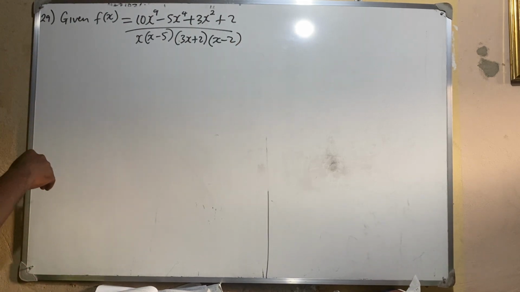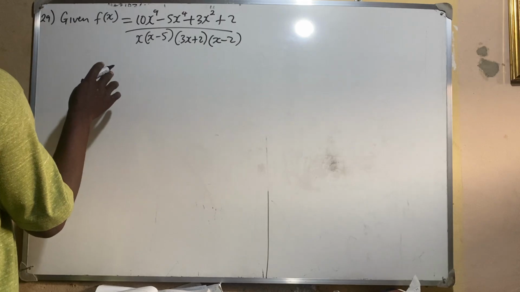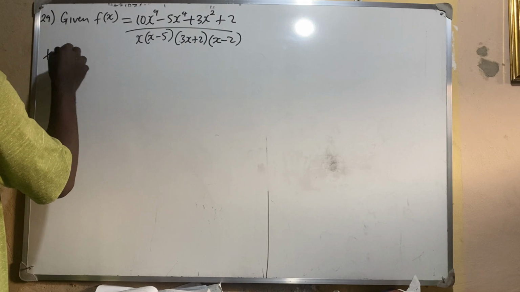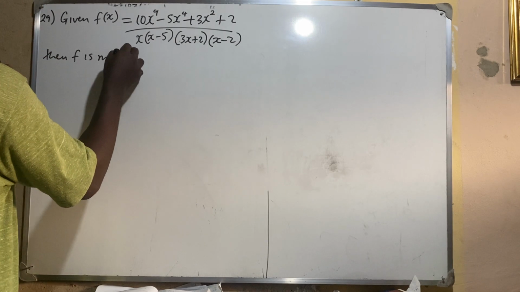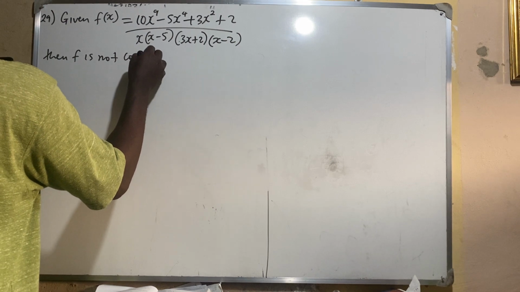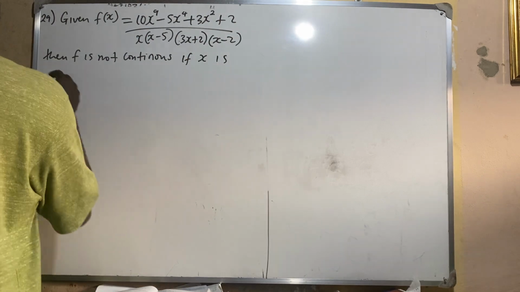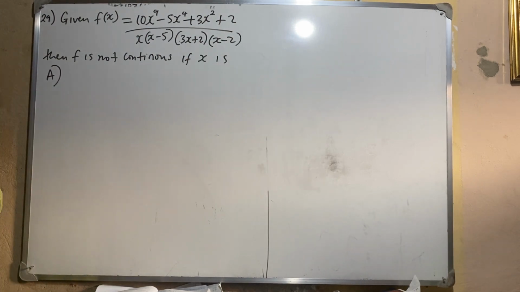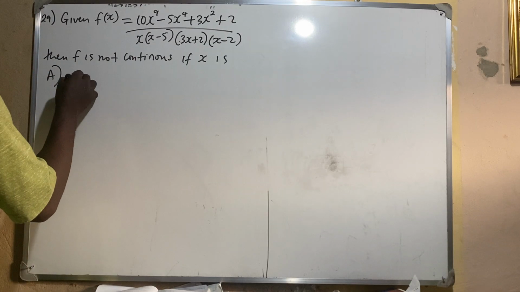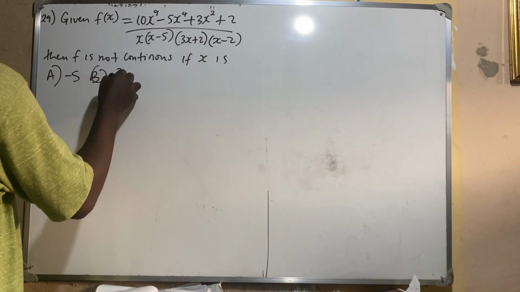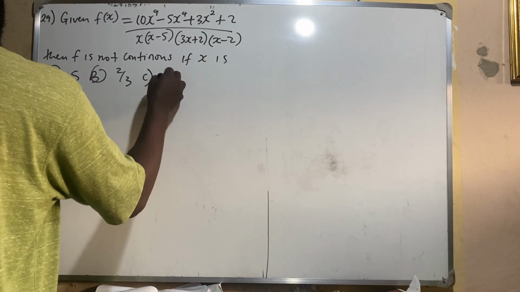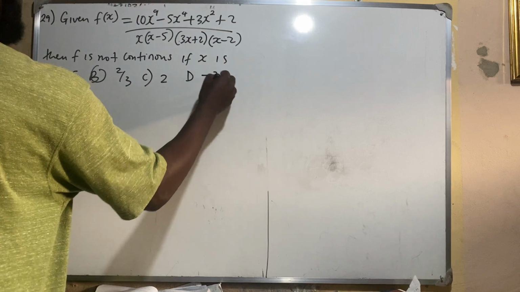They say that given this, then f is not continuous if x is dash. Option A says minus 5, option B says 2 over 3, option C says 2, and option D says minus 2.